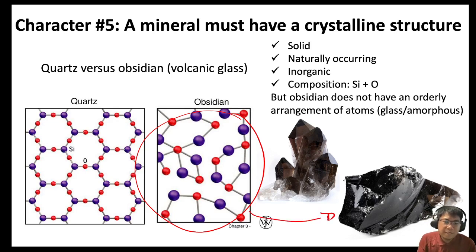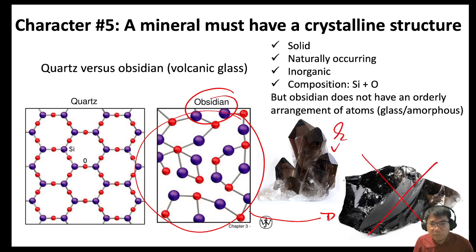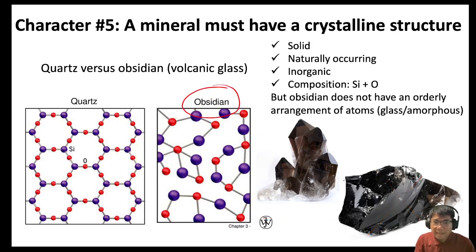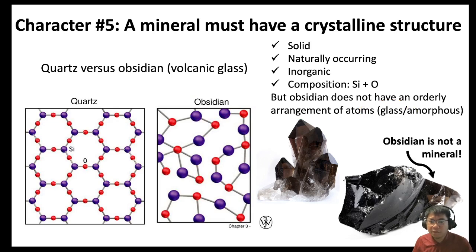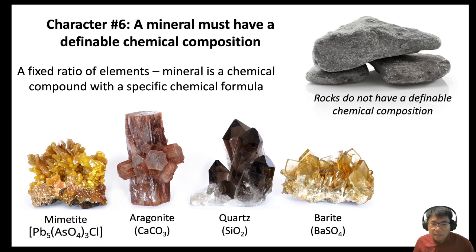So obsidian looks something like this, and it doesn't have an orderly arrangement of atoms, so therefore it is considered a non-mineral material. And quartz is good. Quartz is a mineral. By the way, obsidian is actually natural glass, natural glass or amorphous. So again, obsidian is not a mineral, but quartz are minerals.